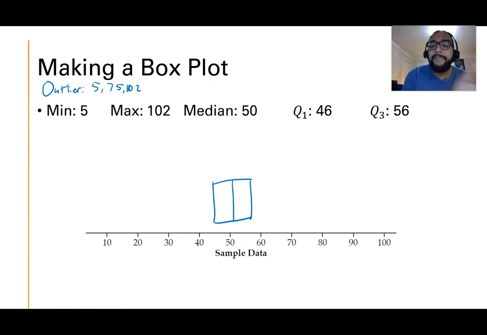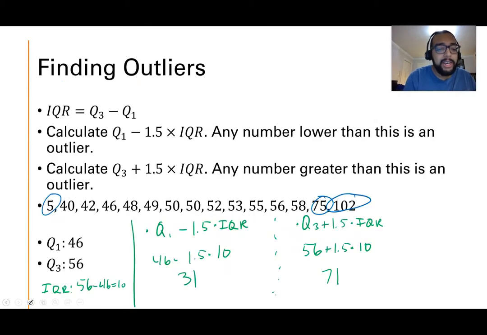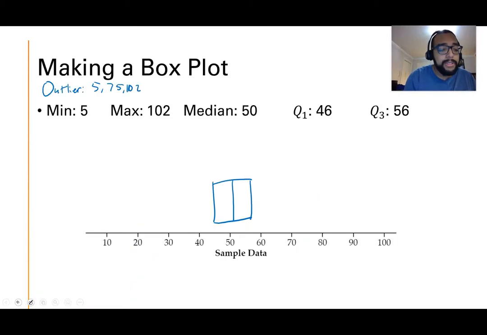In this case, 5 is an outlier, so we need to find the next point that is not. That means 40. I'm going to extend my whiskers to 40 and put a dot at 5. All of our outliers are represented by dots.